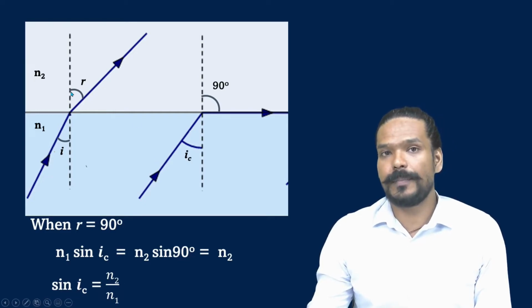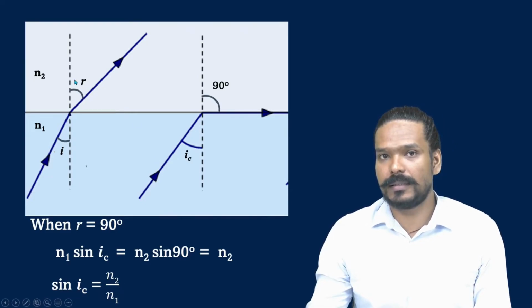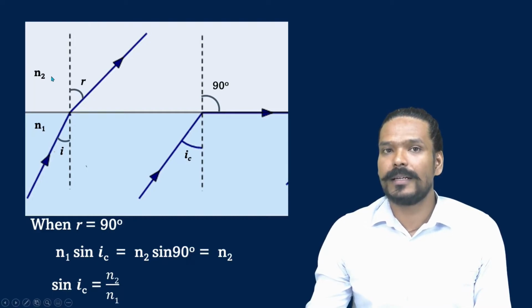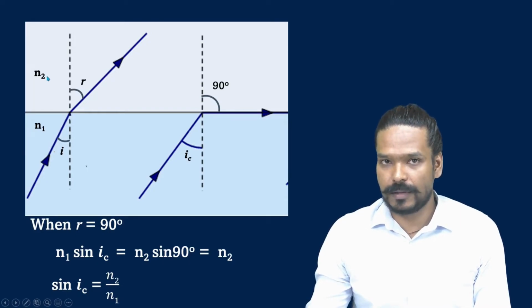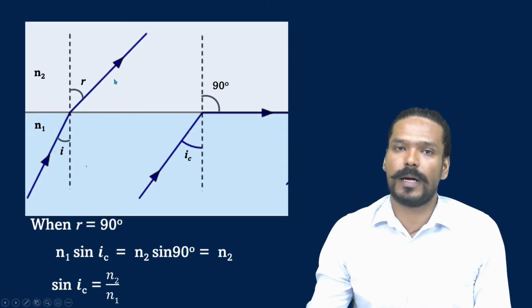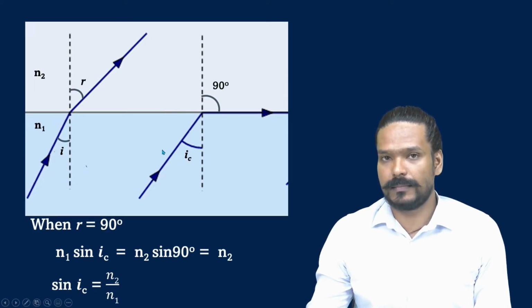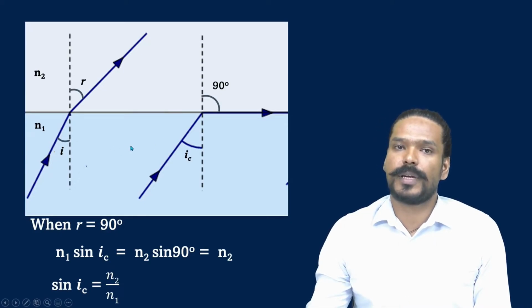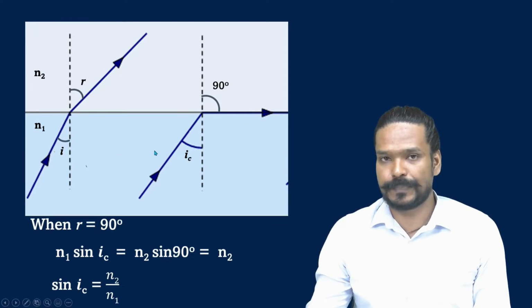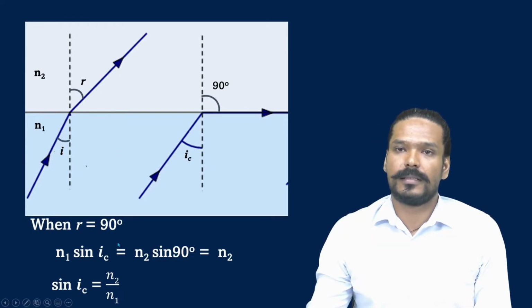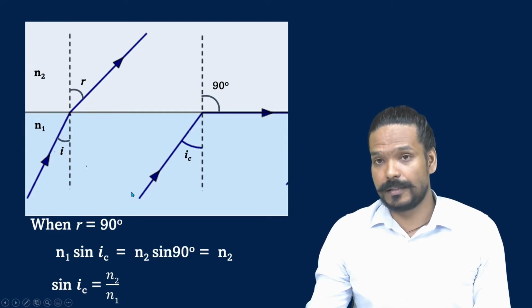Now suppose the medium 2 is taken as air, then the absolute refractive index of air is 1, right? So N2 becomes 1. So we get sine IC is equal to 1 by N1, right? So, as you can see, if the absolute refractive index N1 increases, then the critical angle decreases.